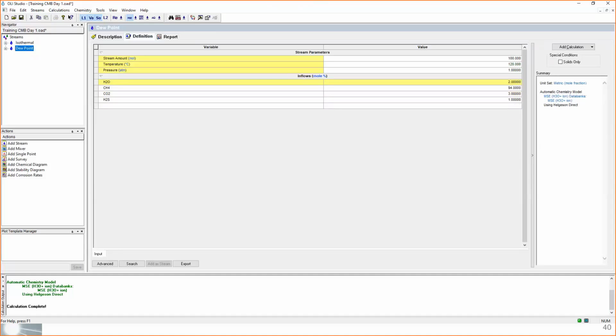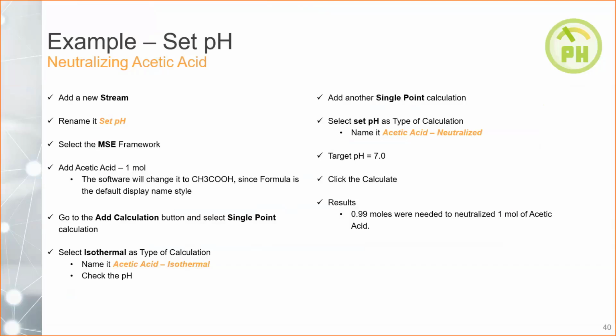And then we are going to move to another simple calculation, which is important to also know how to set up, especially when you know that you are having corrosion at a specific pH and you want to neutralize a sample. So it is important to learn how to do this calculation to avoid corrosion damage.